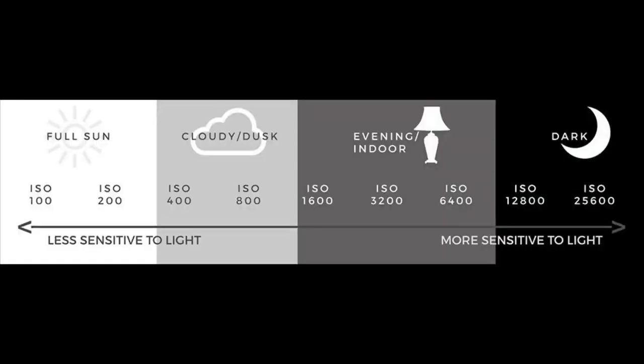I have a chart right here and this shows it perfectly. If you are in a lighter setting, you can use a lower ISO, which is less grainy and more ideal. The darker you get, like at nighttime or if you're in a dark room, you're going to need a higher ISO because you're going to need a faster shutter speed, and that's going to also affect your light.